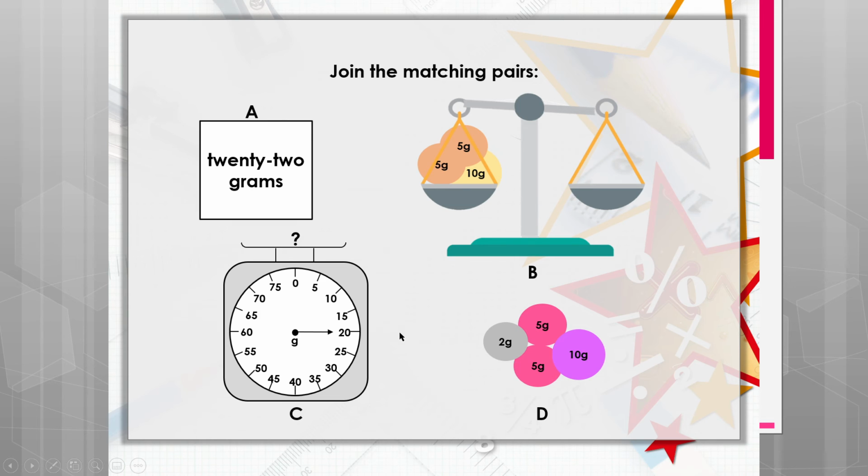Okay, so A would be with D, because you can add all of these. 5 grams plus 5 grams equals 10, and then 10 grams plus 10 grams equals 20, and the same scale is showing over here, and this one's 22 grams, so if we add all of these, it'll be equal to 22 grams.